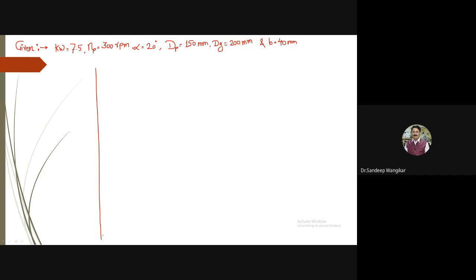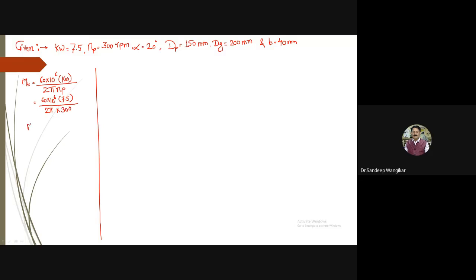So first, MT is equal to 60 into 10 raised to 6 into 7.5 divided by 2 pi into NP as 300.